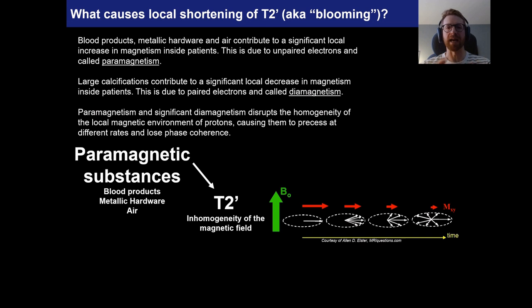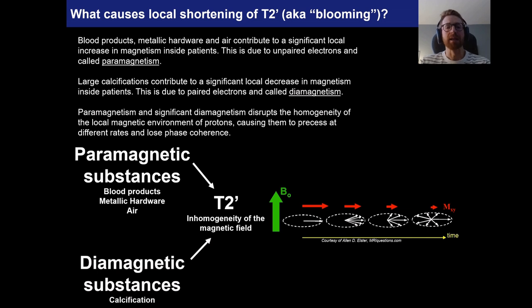The iron in these has unpaired electrons and will augment the local magnetic field. Metallic hardware can cause massive blooming artifacts, and even air can do this. Diamagnetic substances, specifically large chunky calcifications, can also significantly disrupt the homogeneity of the magnetic field. So these are the things that we should be thinking about when we see blooming.